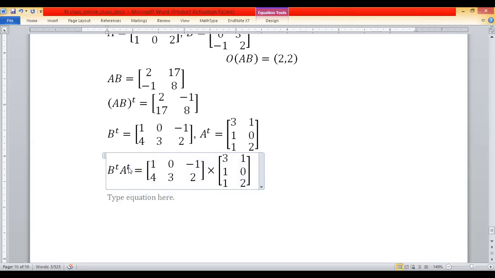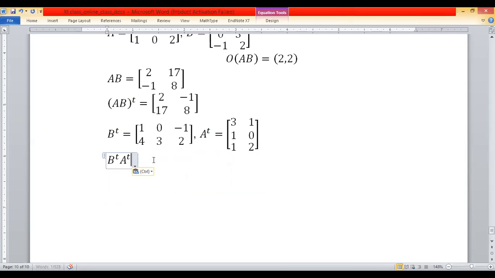So the answer would be, you multiply the first row with the first column. So the order of the product: this is 2 by 3 and 3 by 2. Two rows, three columns, and three rows, two columns. So it would be 2 by 2 actually.